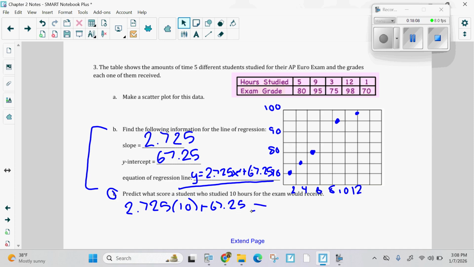I will put that into my calculator and then see what we get. They should have received a 94.5, and that seems like a pretty good score to me.